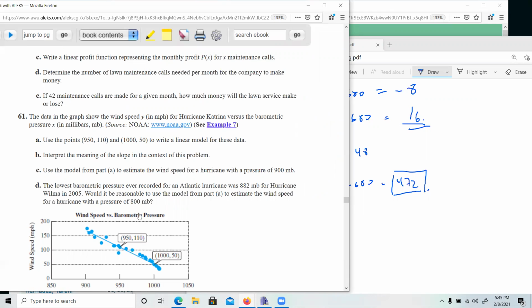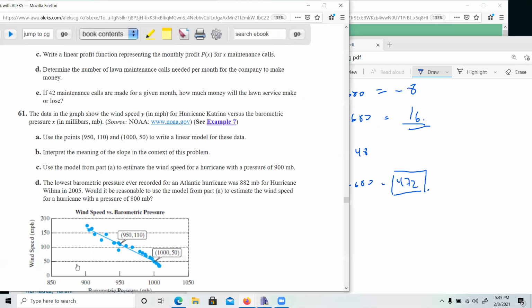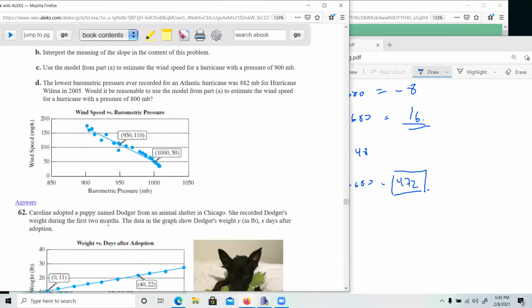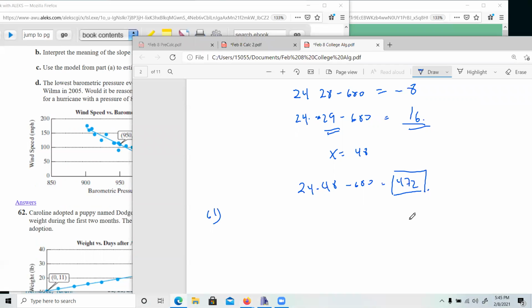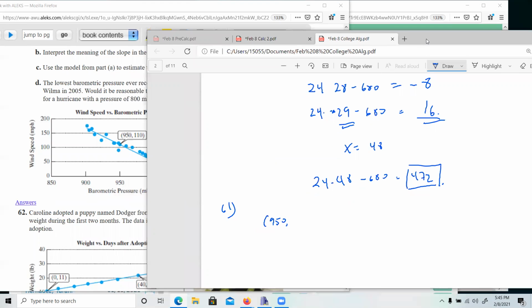So what are we looking at here? We're looking at the y is in wind speed, okay, and the x's are in barometric pressure in millibars. Okay. So here we have the 2 points. We have 950 and 110. And then the other point we're going to be using here really is going to be 1,000 and 50.